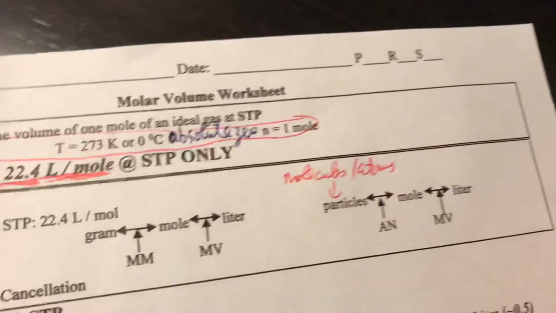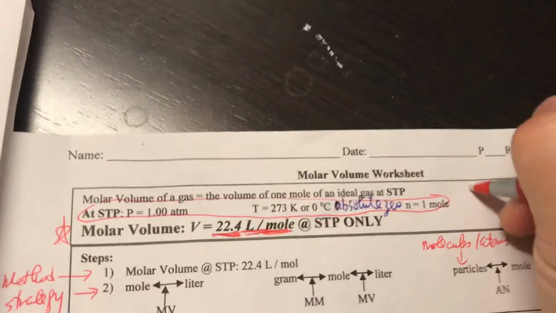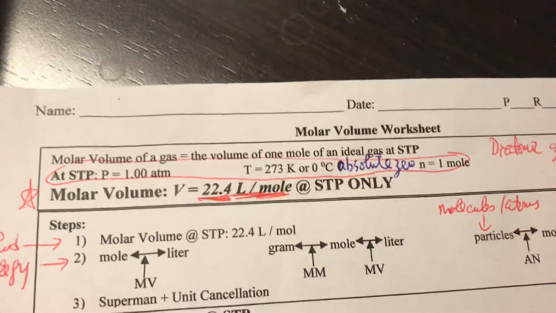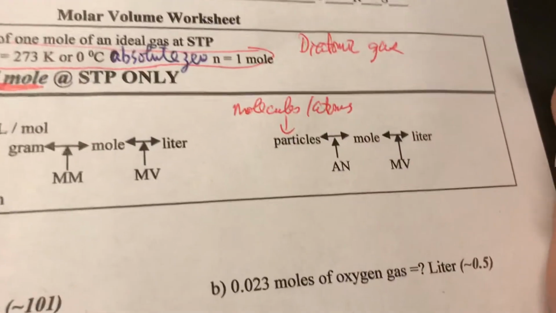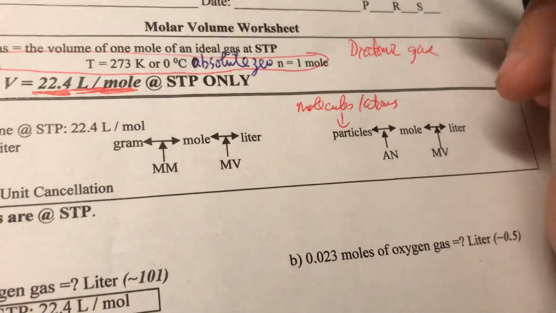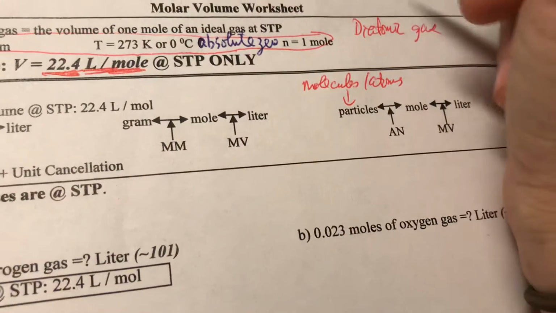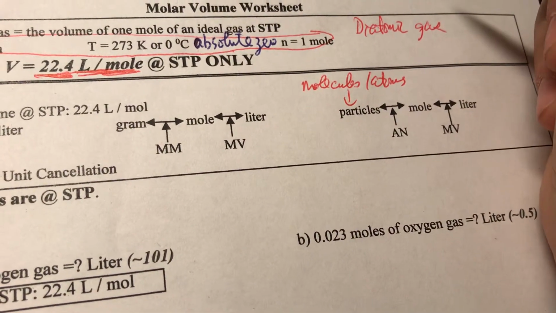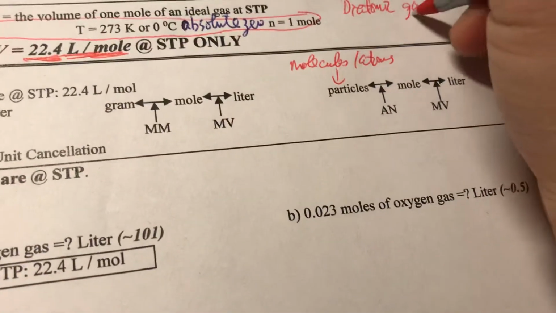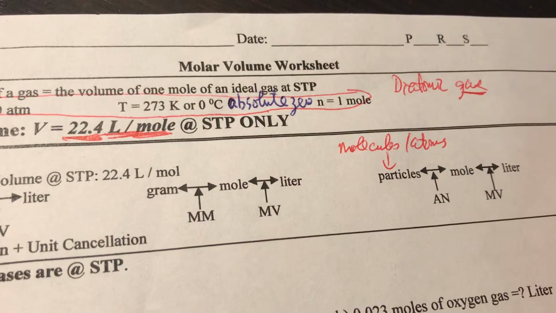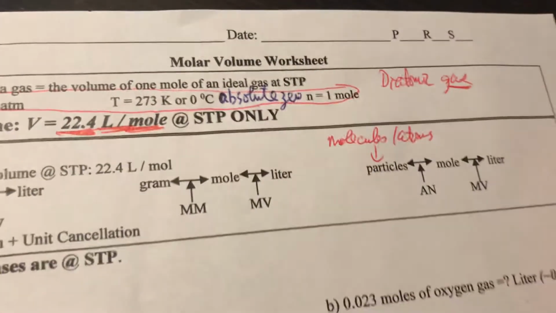One thing that I want to point out is, do you remember diatomic gas? Sometimes the question just gives you the name. We have 7 diatomic elements, but only 5 of them are gas.